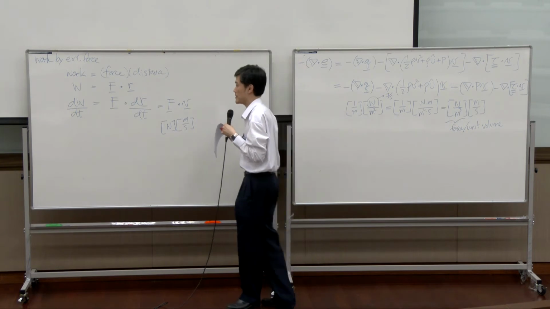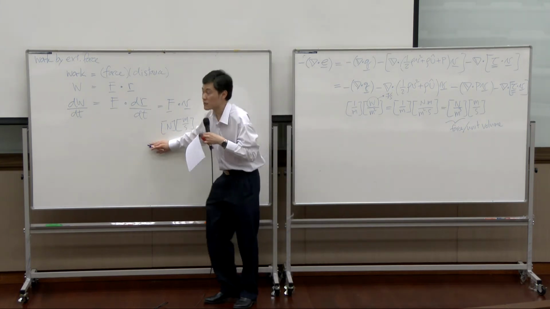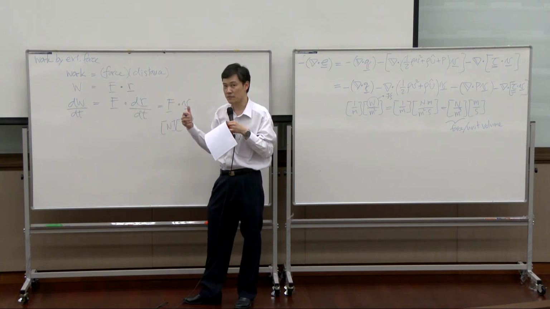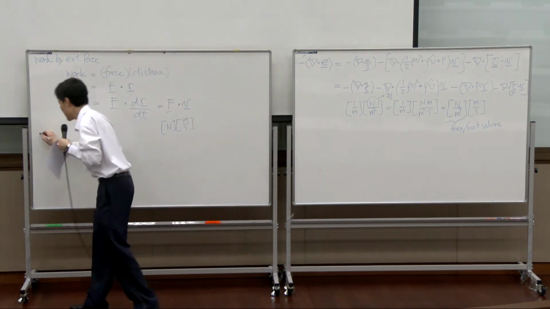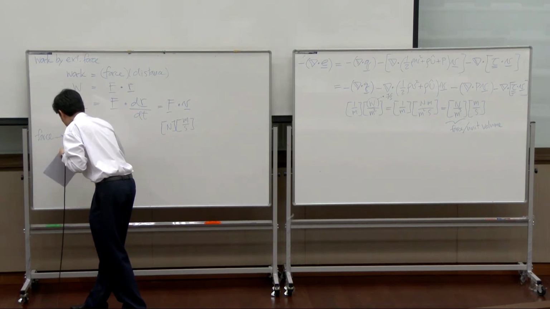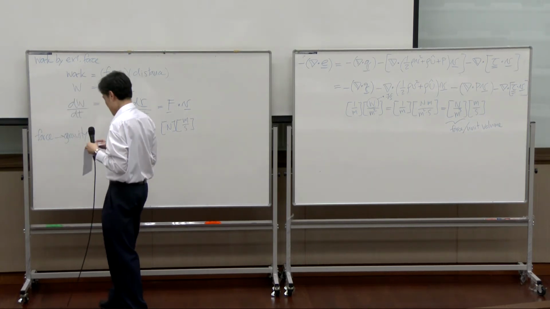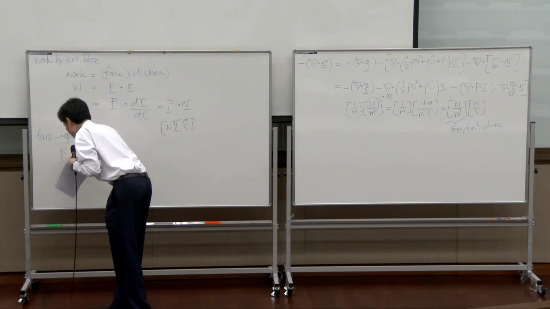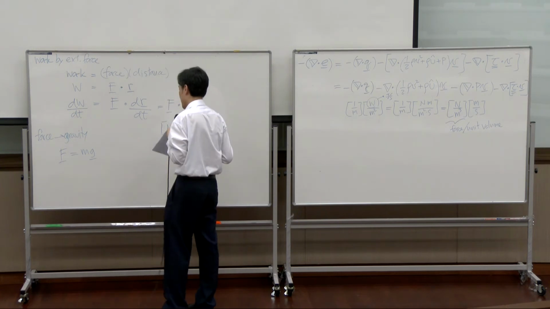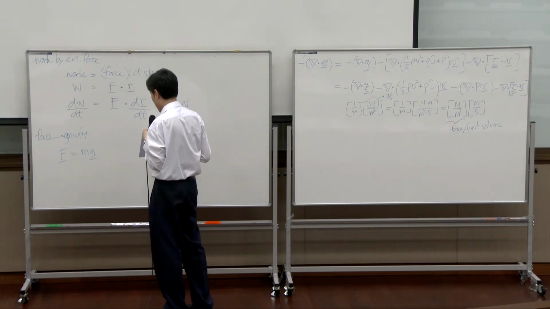All right? Now, in this case, for work by external force, our external force is basically gravity force. So if our force is gravity, that means F here is equal to mg, where m is mass and g is gravitational acceleration.